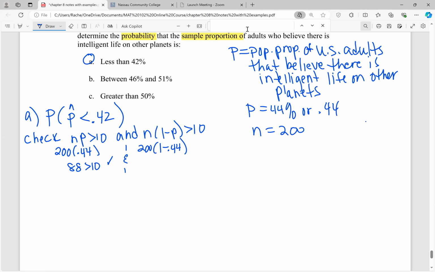And this is going to be equal to 112, which is greater than 10. So that checks out as well. So since both n times p and n times 1 minus p are greater than 10, we could apply the central limit theorem, which states that p hat is approximately normal.